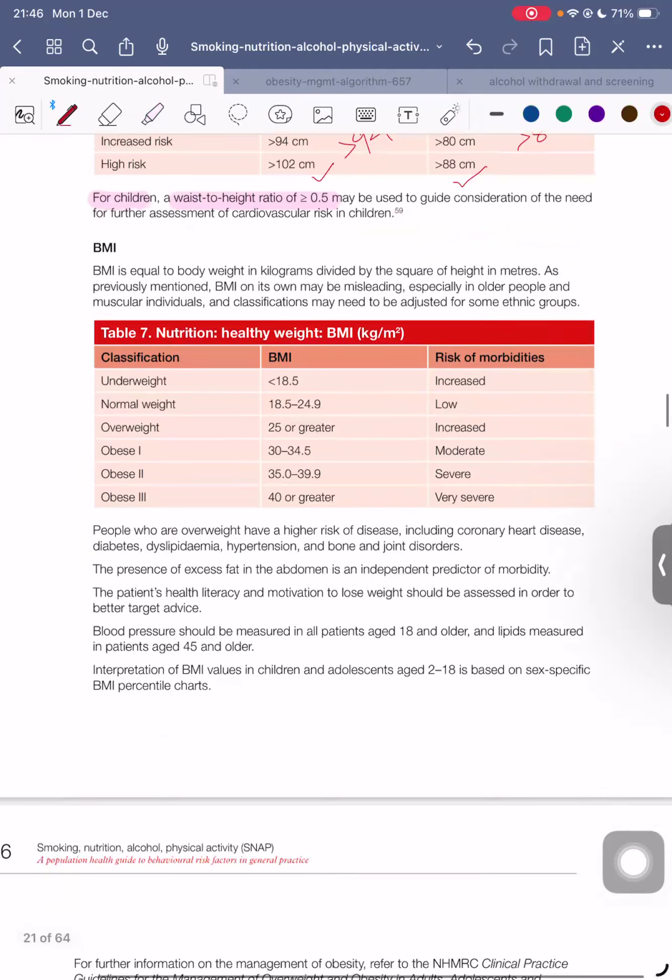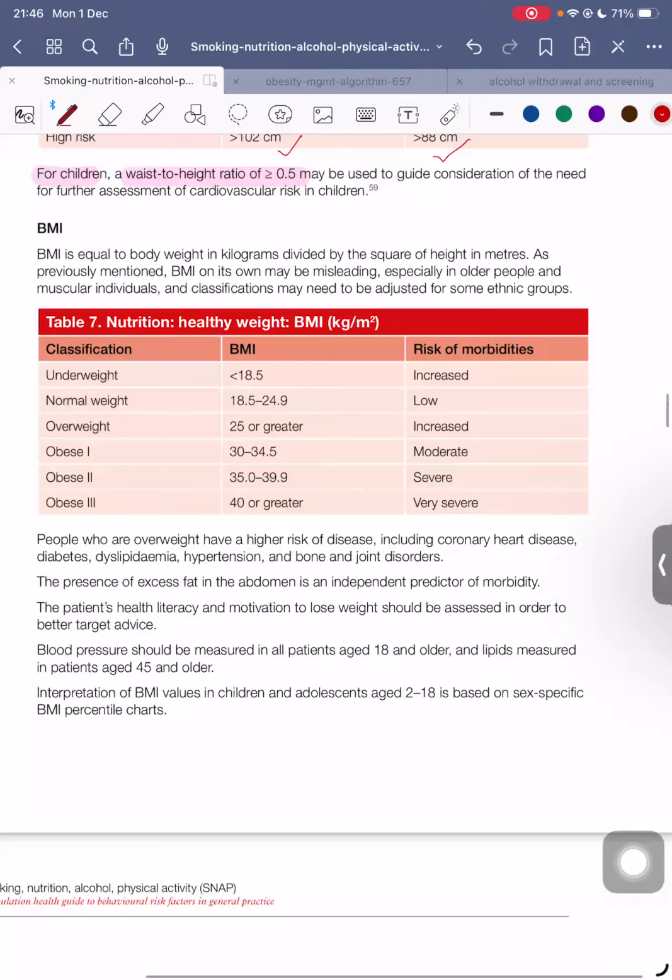BMI is equal to body weight in kilograms divided by height in meters squared. You all know what BMI is. Now, how do we classify BMI? You have to remember the normal range.